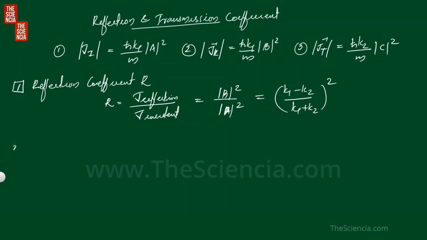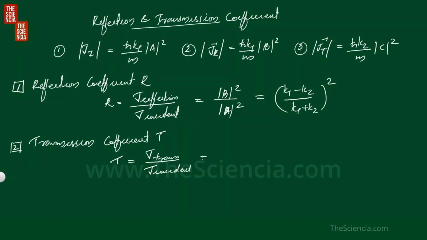Now, second, we find the transmission coefficient. T is defined as J transmitted by J incident. What is J transmitted?